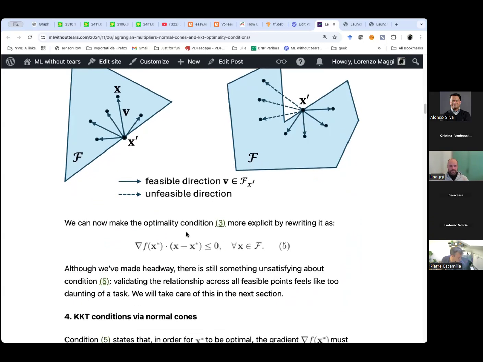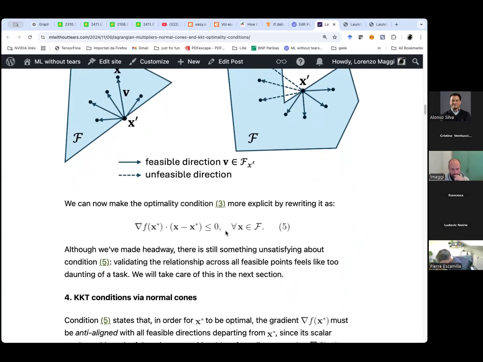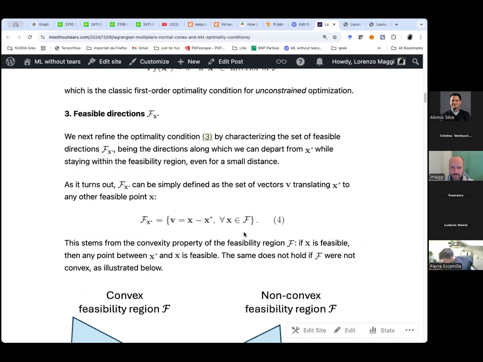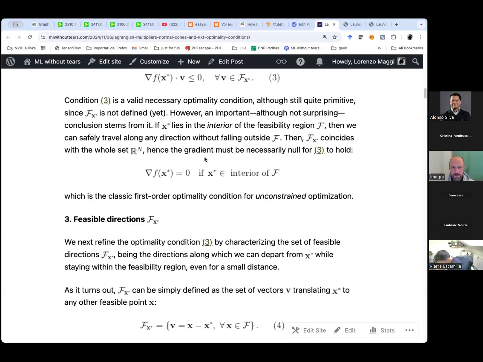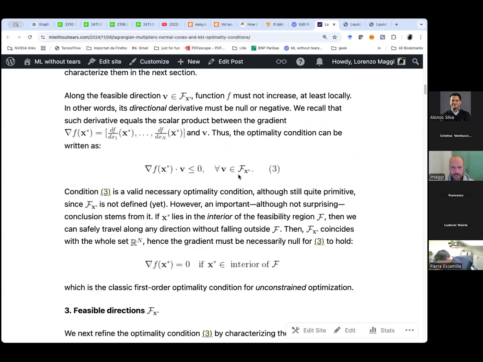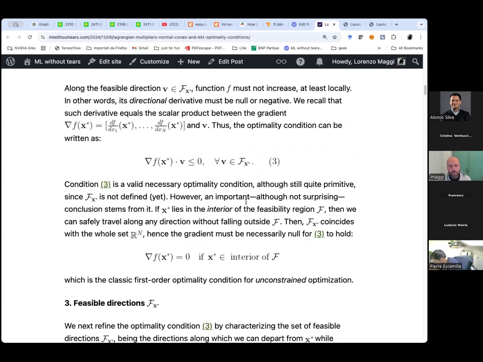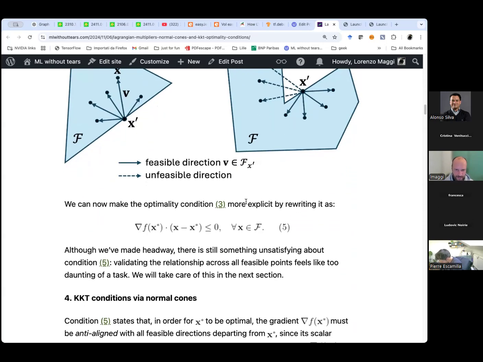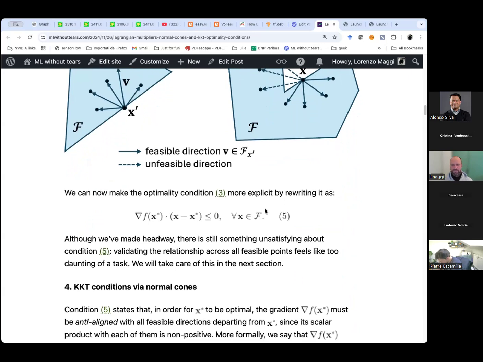So basically, we can rewrite the optimality condition that was here as something, let's say, not more readable, but more actionable. Because before we didn't know what this feasible direction means.